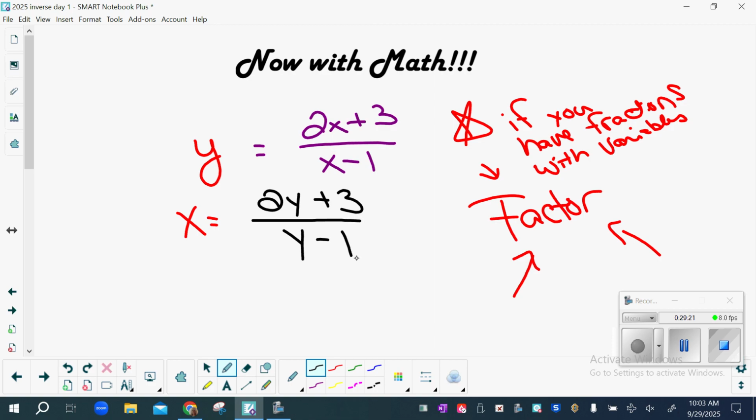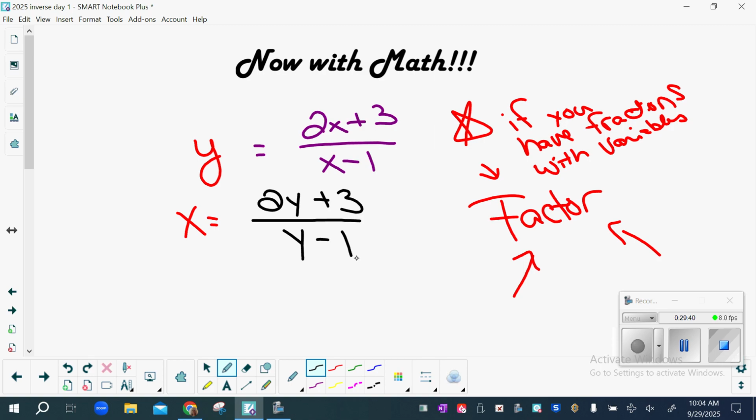Here's our problem. We are eventually going to get y by itself. But holy crap, I got them in the denominator. I don't love that. And I got them all over the place. I don't love that either. So our goal is to get rid of the denominator and get all of our y's all grouped together.